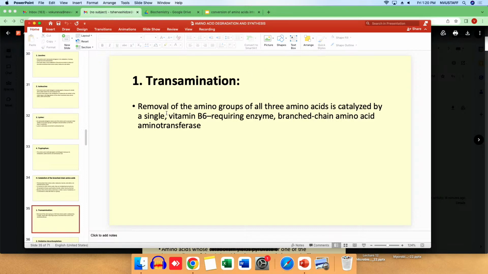As the name implies, transamination, what does that mean? Yes, transferring an amino group from one compound to another compound. So whenever we are talking about transamination, we are not talking about just cutting off or lysis of the substrate or removal of the amino group completely and getting it into a trash bin, let's say.